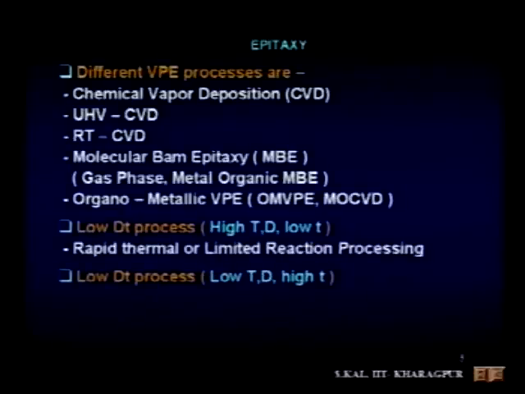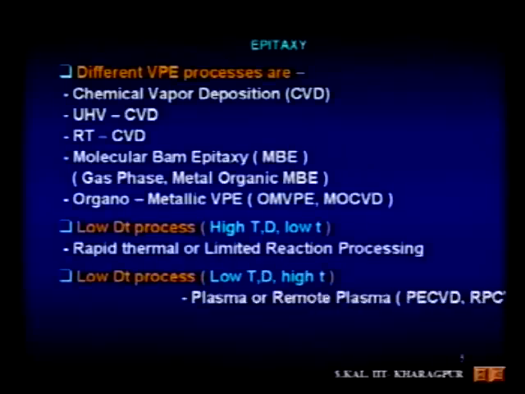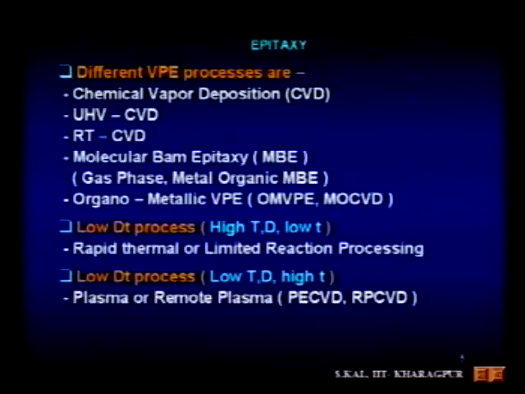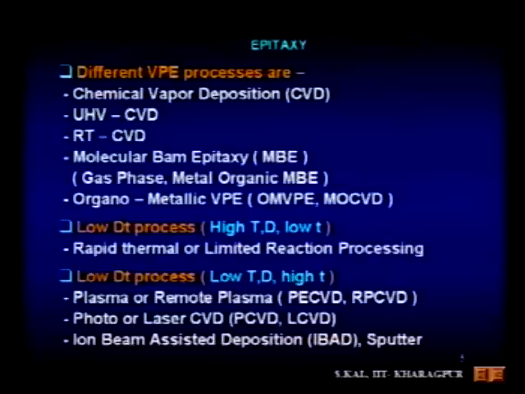And another low DT process is the plasma or remote plasma or photo or laser CVD, which is known as PCVD, photo CVD or laser CVD (LCVD), and ion beam assisted deposition, which is IBAD, and also sputtering. So these are all low DT processes. That means there the time is more but the temperature is less, so the diffusion coefficient is also very small.